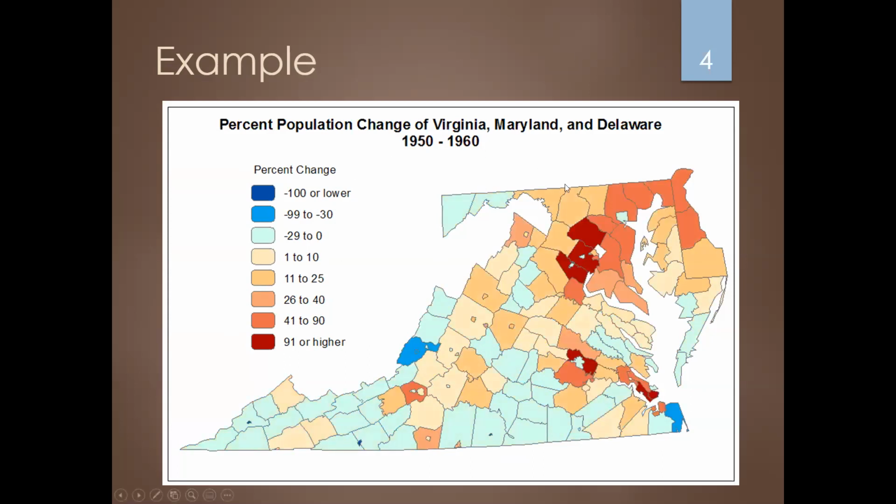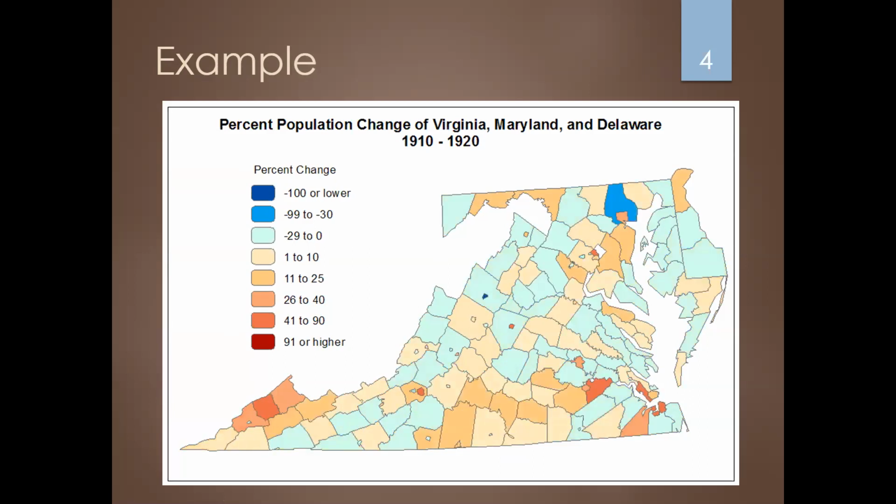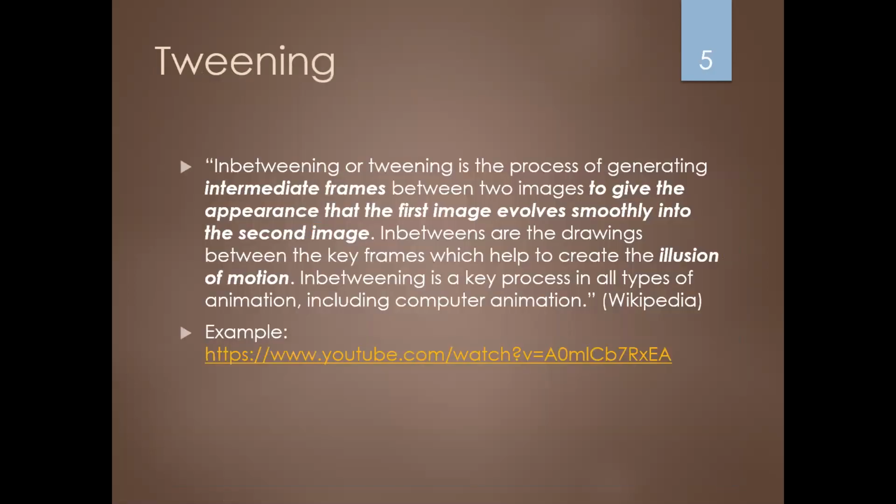So this is a very simple animation. You just need to make several thematic maps, order them by time, and show people these maps one by one. So this is a stop frame animation. And in order to make your animation smoother, you may want to use a technology called tweening.